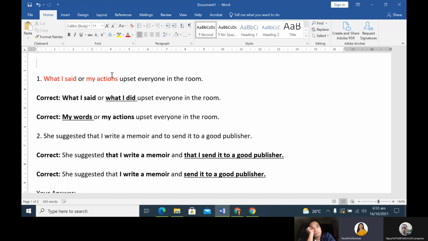Do you remember when I discussed independent clauses to you? I compared it with us. We parents are independent. We know what to do and we are capable of doing the things that we do.